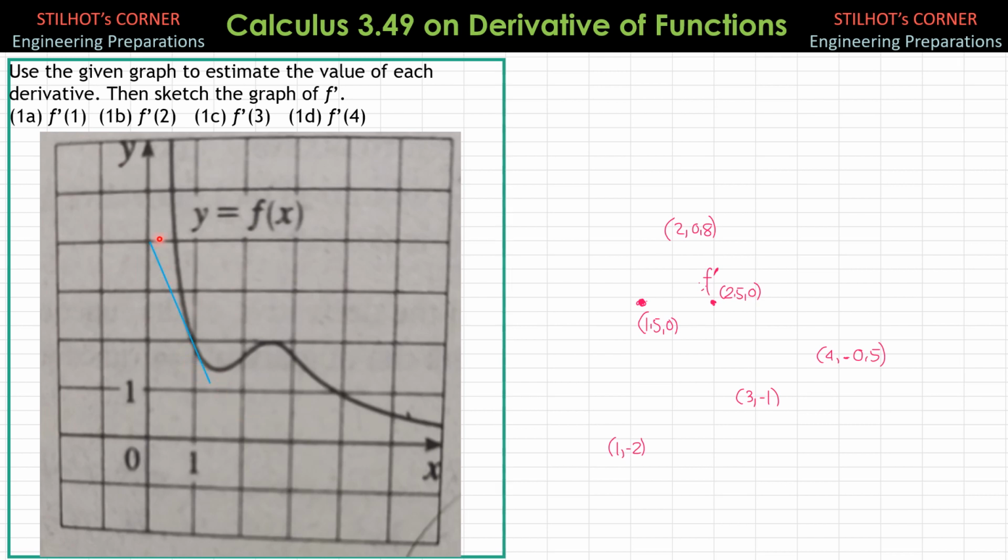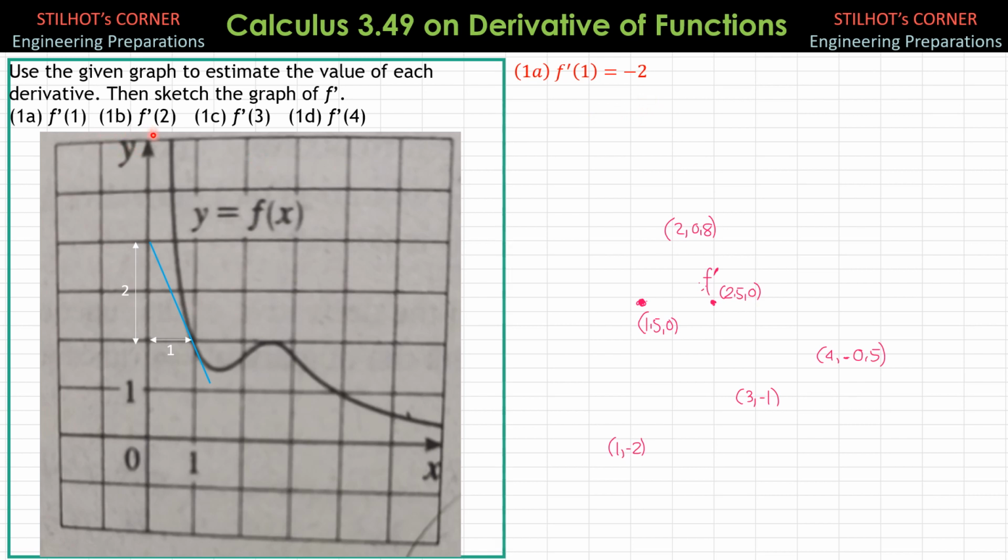Then since it intersects this point, and this is 2 units, 1 unit, and it is a negative slope, therefore the slope of this f prime at 1 is estimated to be negative 2 as shown. So that's 2 units, that is 1 unit, therefore the slope is estimated to be negative 2. It is negative. So f prime at 1 is negative 2.